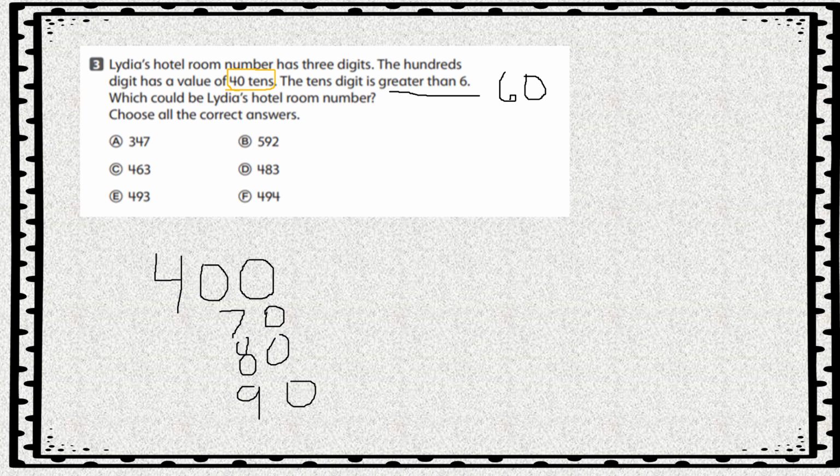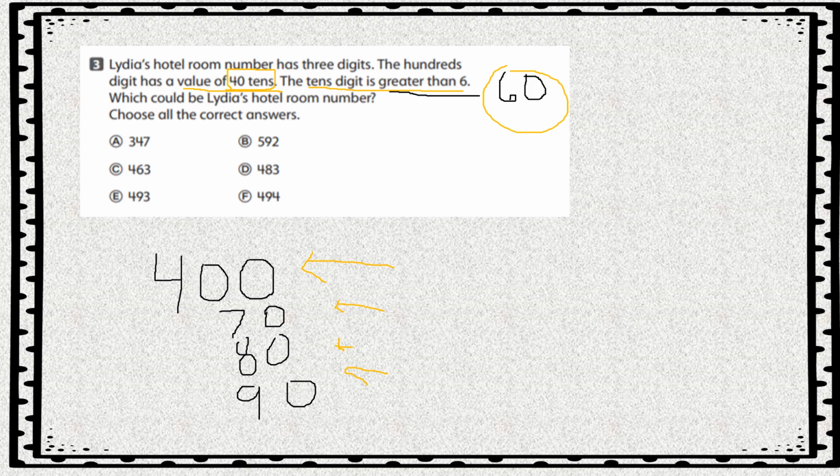So what I know is that it has a value of 40 tens, which is 400. And the tens digit is greater than 6, which is 60. 70 is greater than 60, 80 is greater than 60, and 90 is greater than 60. So my number has to be 470 something, 480 something, or 490 something.